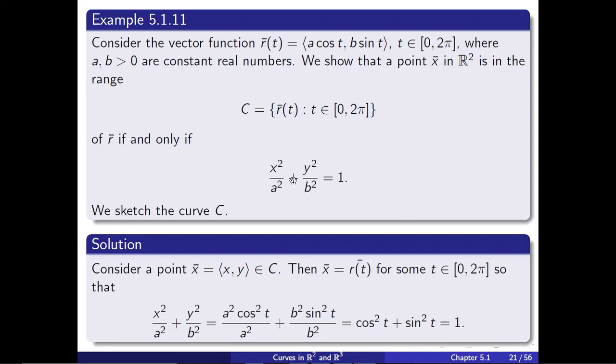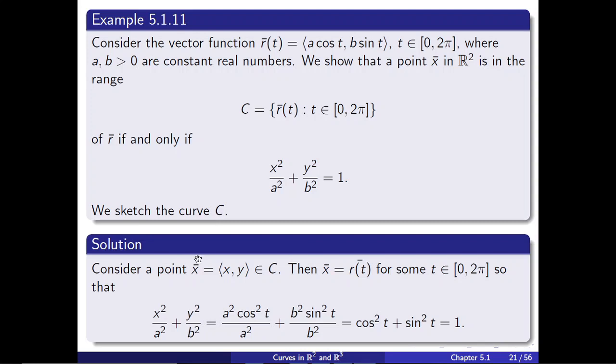So what we want to show is that a point in the range of this has to satisfy this equation: x squared over a squared plus y squared over b squared is equal to 1, and we will talk about what that object is called. When we sketch the curve, we'll then know what it is called.